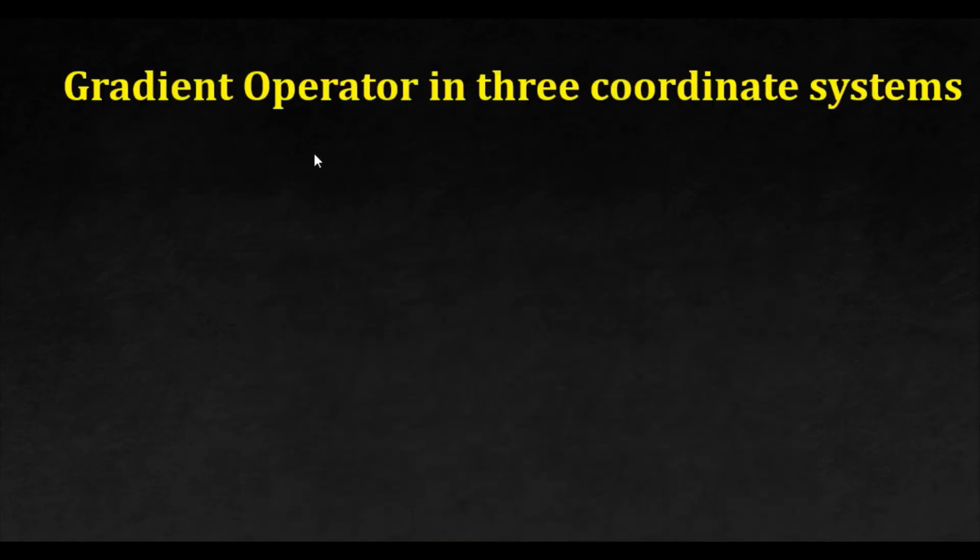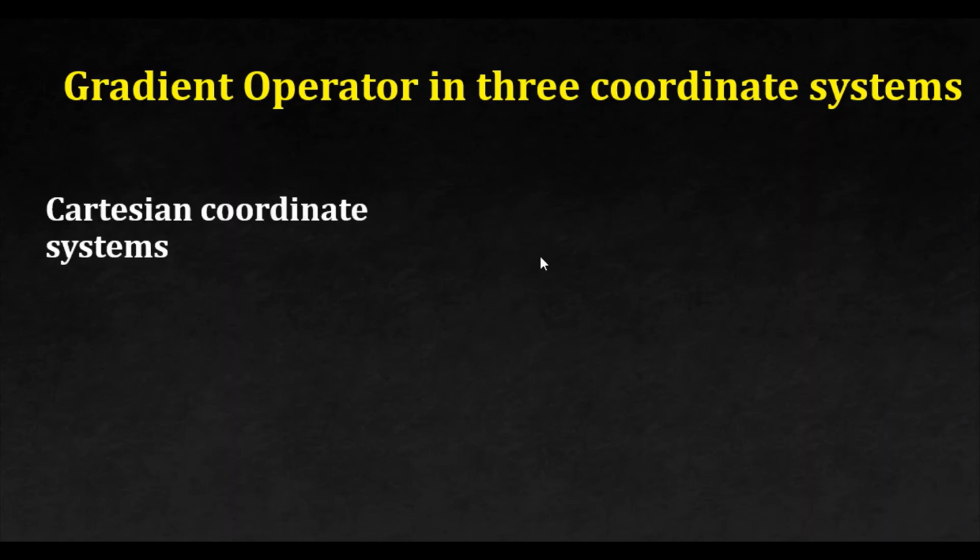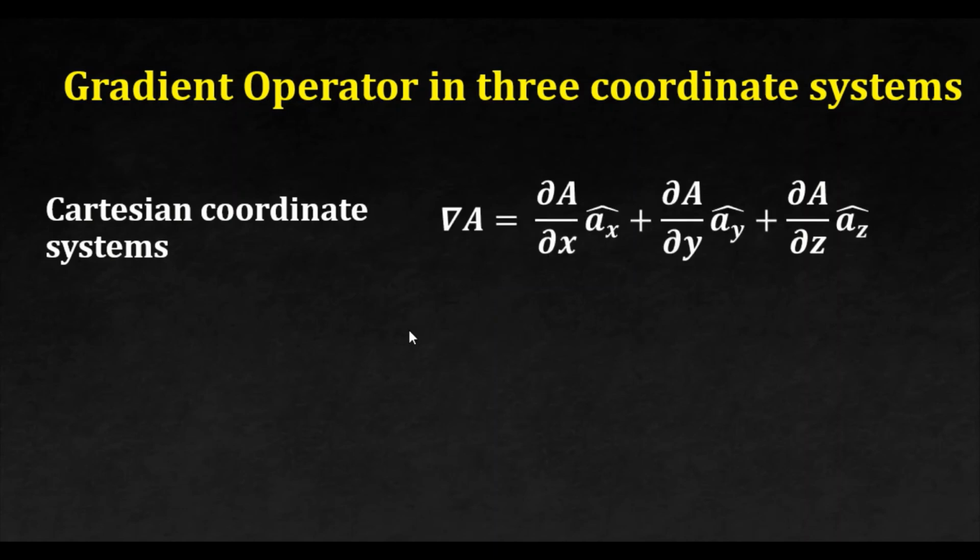The gradient operator in different coordinate systems can be calculated as follows. In the Cartesian coordinate system, I write the formula as del A, which is ∂/∂x of A, Ax cap, plus ∂/∂y of A, Ay cap, plus ∂/∂z of A, Az cap.